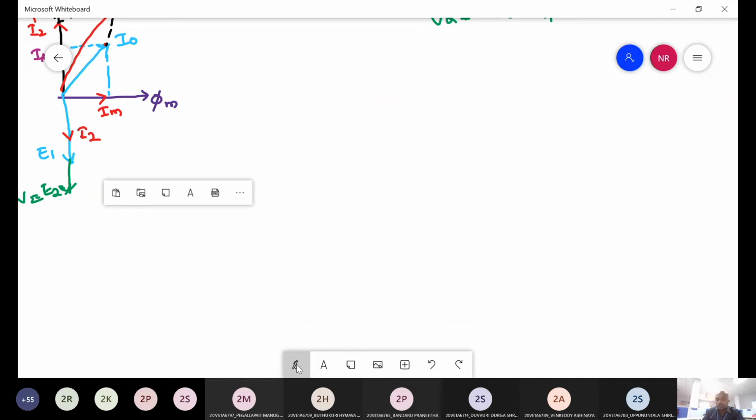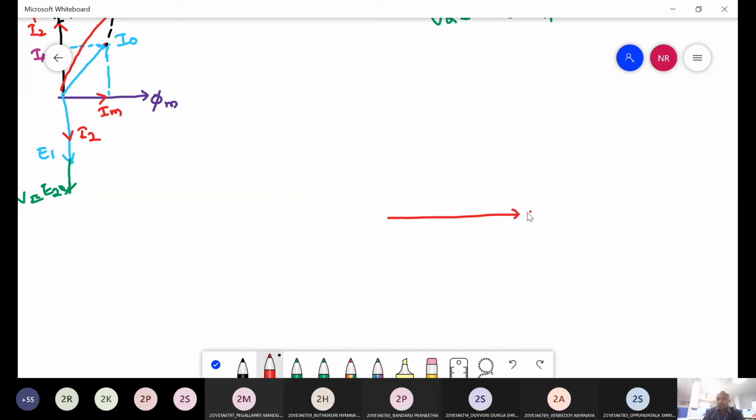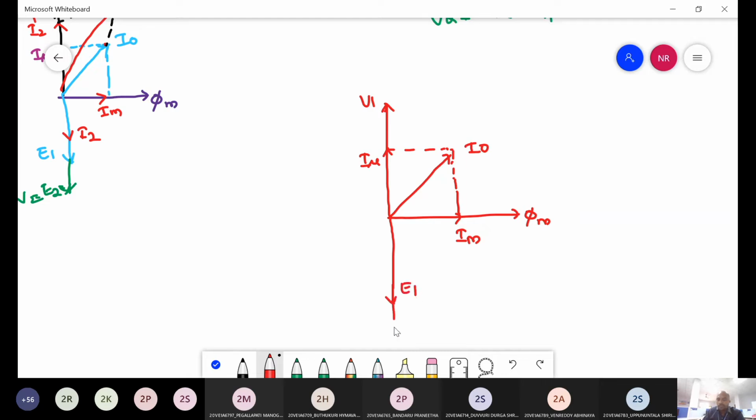Here phi m, then here it is Im, then here it is V1, then here it is I mu, the vector sum of these two quantities is I naught, then here it is E1, then here it is E2, E2 is equal to V2. Up to this point it is the same.